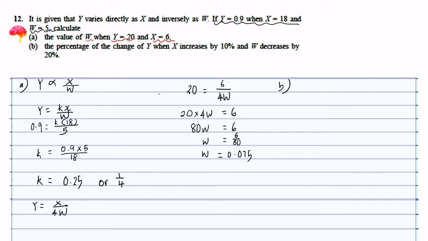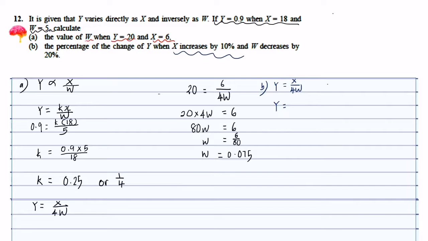B. The percentage of change of y when S increased by 10% and W decreased by 20%. Y equals S over 4W. So now we find the new value of y when S increased by 10%.